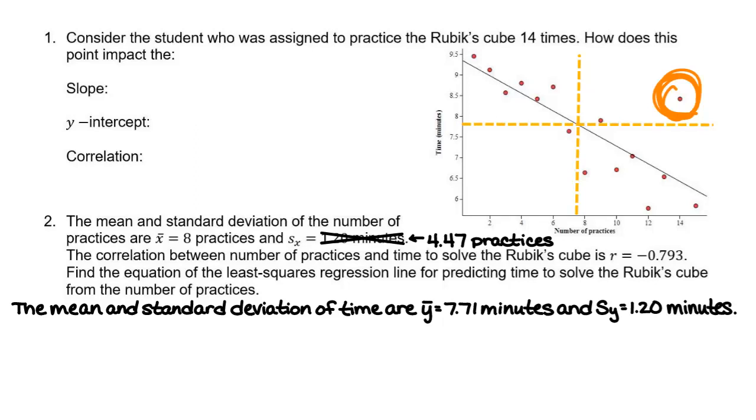What's it doing to the y-intercept? It's decreasing it. If I were to take that point out, my line would tip more down and the back end would go up higher, right? What's it doing to my overall correlation? It's decreasing it. It's not following that linear pattern.